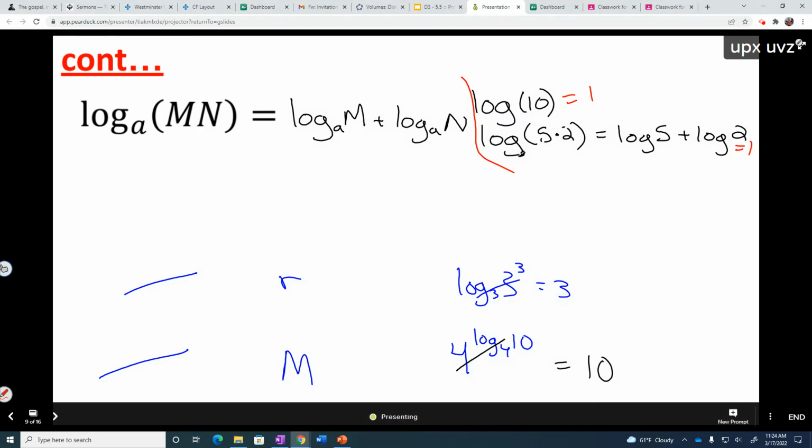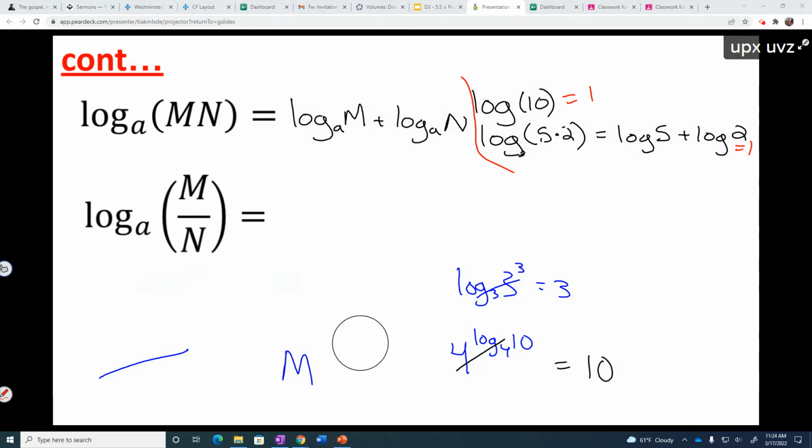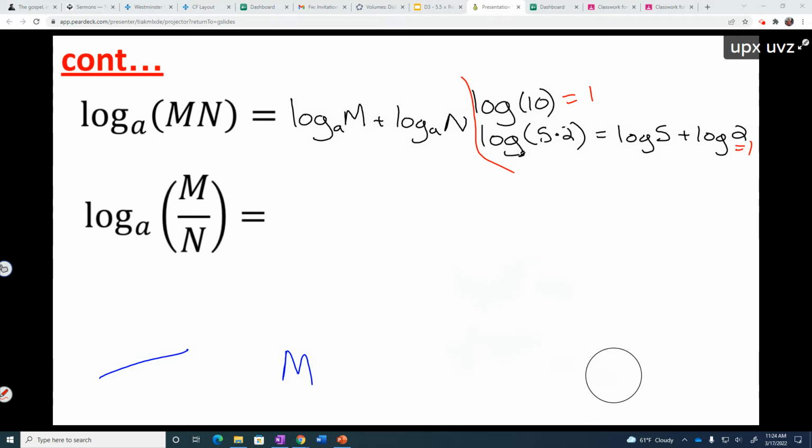All right, so the opposite of that would be division. If I have log base a of m divided by n, based off of that pattern, what would you think would be the case? Yeah, subtraction.